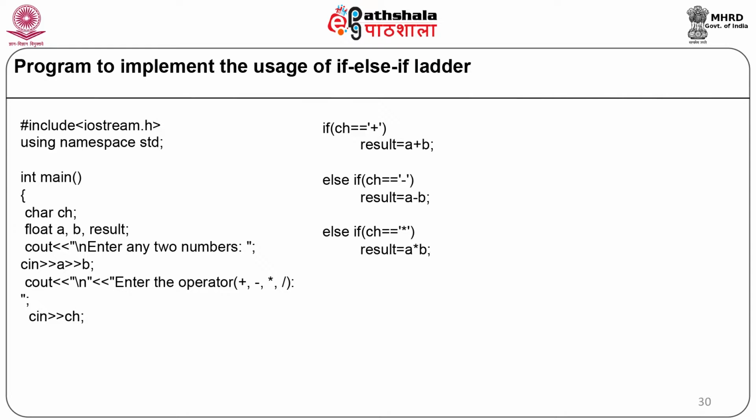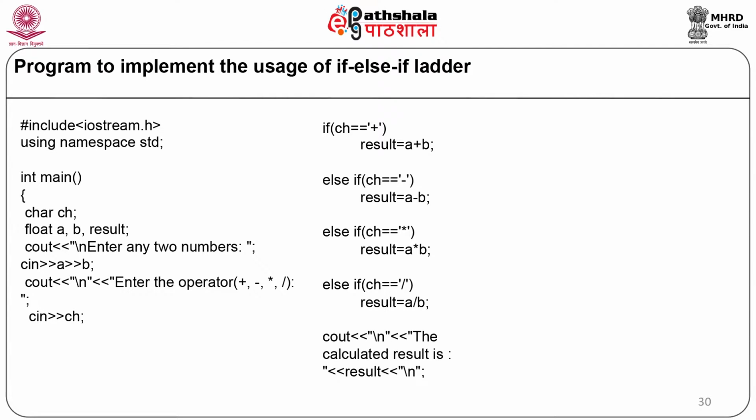Else if ch is equal to star, then the result will be a star b. Else if ch is equal to slash, then the result will be a divided by b, or a slash b. And finally, outside this if-else ladder, we are displaying the message as cout \n, the calculated result is, the value of the result, return 0, and our main program ends.